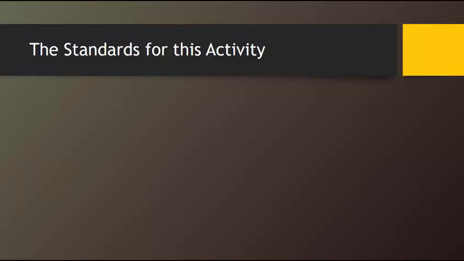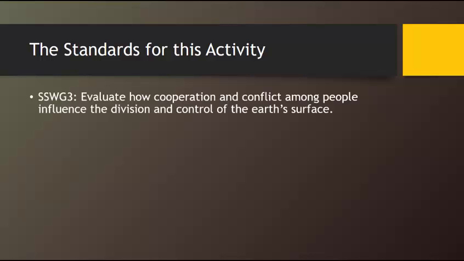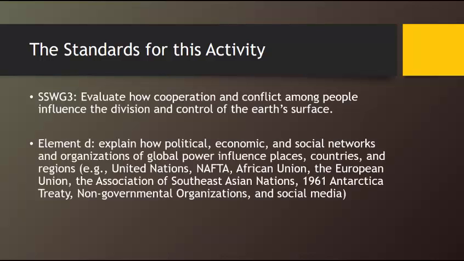The standards for this activity include Social Studies World Geography 3, which reads, evaluate how cooperation and conflict among people influence the division and control of the Earth's surface. We will also look at Element D, which reads, explain how political, economic, and social networks and organizations of global power influence places, countries, and regions.